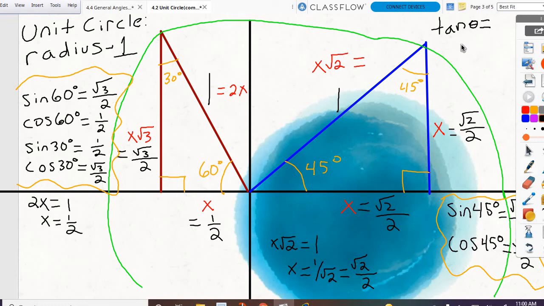If I know what my sine and my cosine are, we can divide those and it will give us our tangent. Does that make sense? So again, it's just kind of one less thing we have to have memorized. I really only need to memorize sine and cosine, and if I know both of those, then I just divide them and it gives me my tangent.